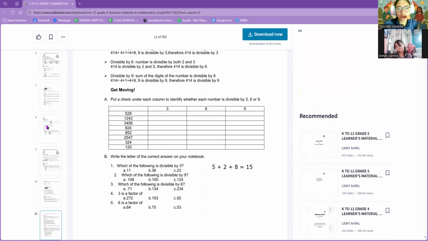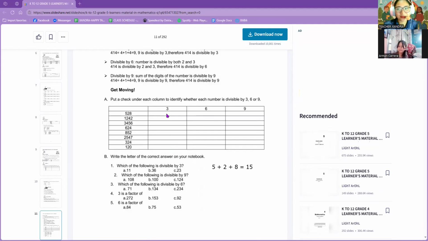What is 15 divided by 3? You skip count: 3, 6, 9, 12, 15. So what is 15 divided by 3? 15 divided by 3 is 5. Okay, there's no remainder.